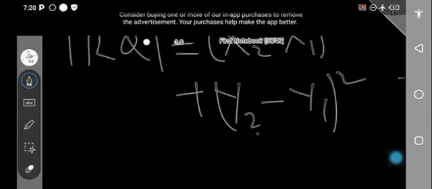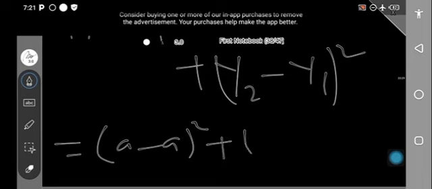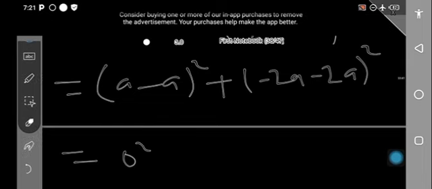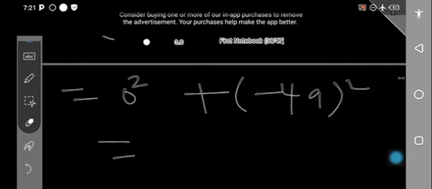Alright, so now let's substitute into this. This equals (a minus a) raised to power 2, plus (minus 2a minus 2a), that is minus 4a, raised to the power of 2. Here we have 0 raised to power 2 plus minus 4a raised to the power of 2, and this equals 16a squared.